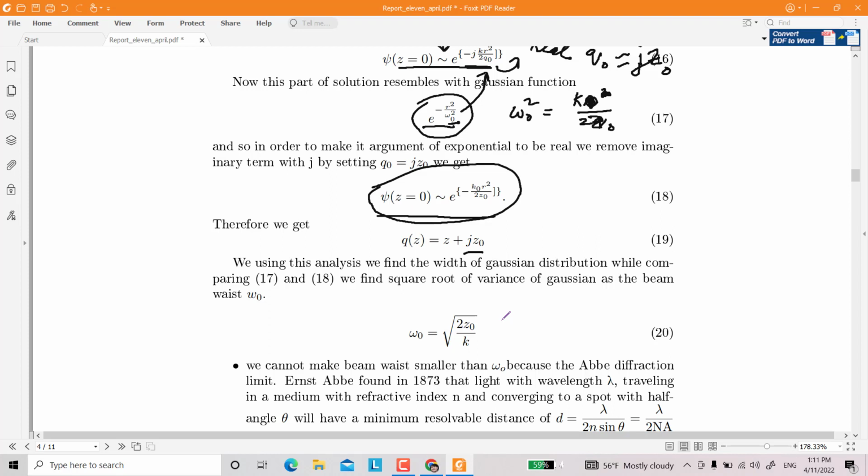So now the question is what this thing is. This is the beam waist. This is the minimum possible beam waist that a beam can get.